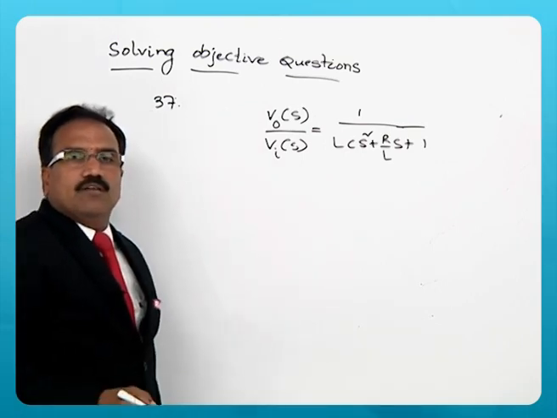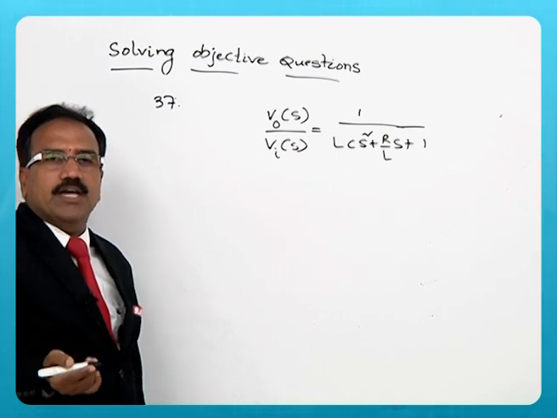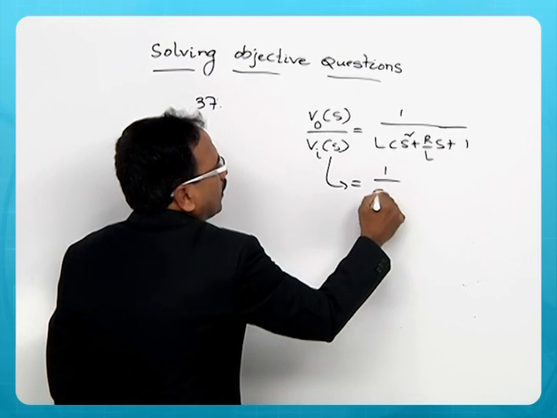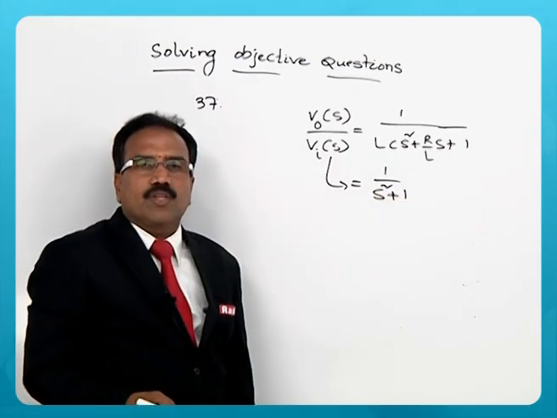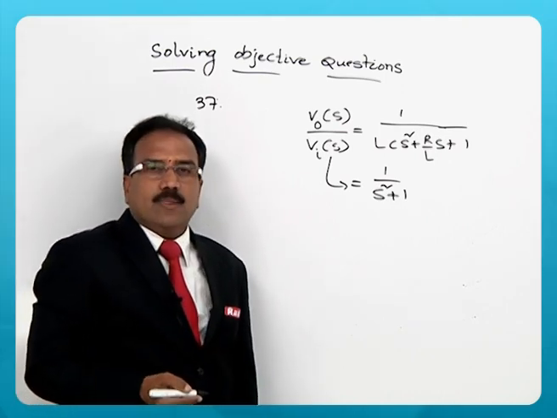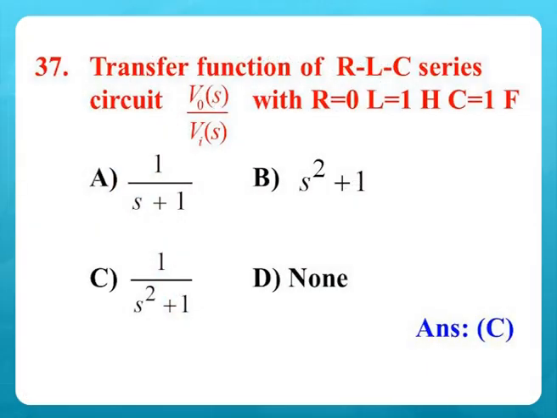So, when you substitute R equal to 0, L equal to 1 Henry and C equal to 1 Farad, you will get this transfer function as 1 by s square plus 1. So, you can see that the correct option with R equal to 0 is 1 by s square plus 1, and option C is the right answer.